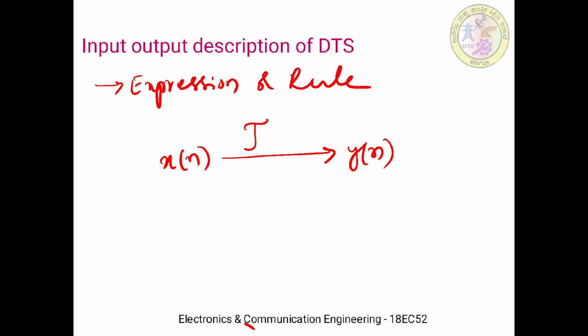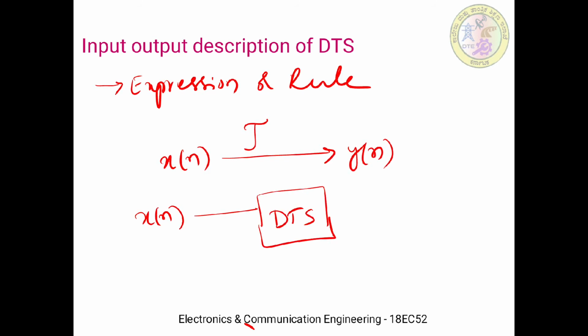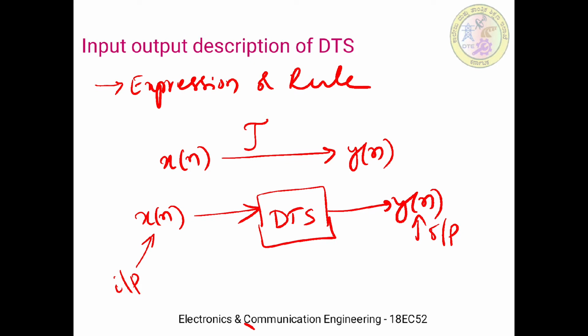This is as good as writing the block diagram or graphical representation that x of n after passing through the discrete time system generates y of n. So these two are the same. As previously described, x of n is the input or excitation, y of n is the output or the response, and this T represents the operation that is being carried out on the signal x of n.